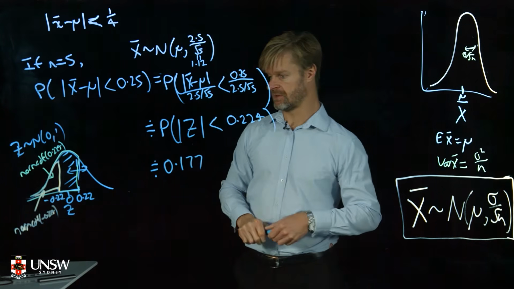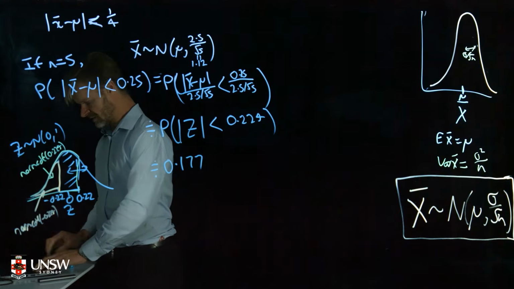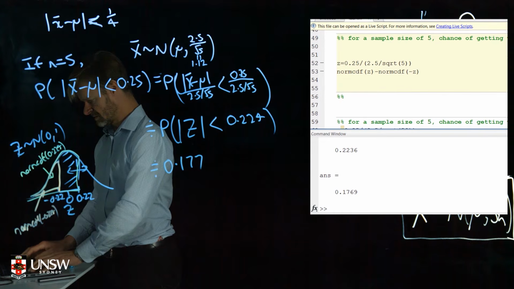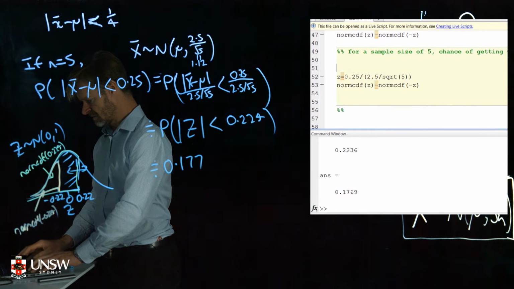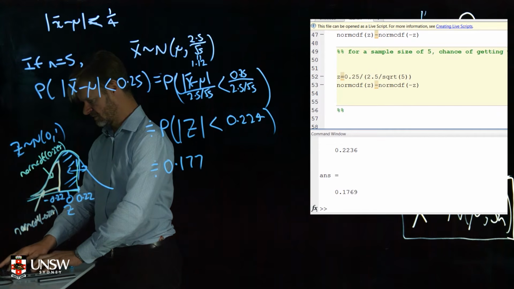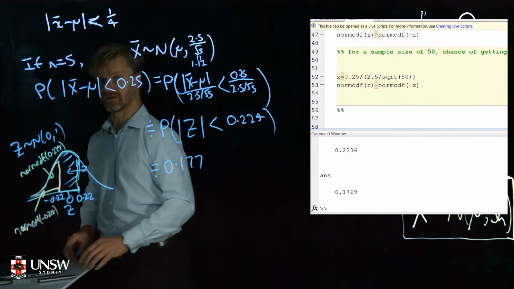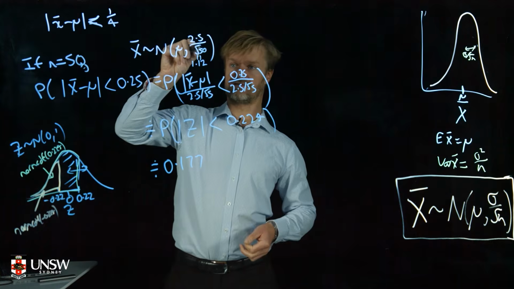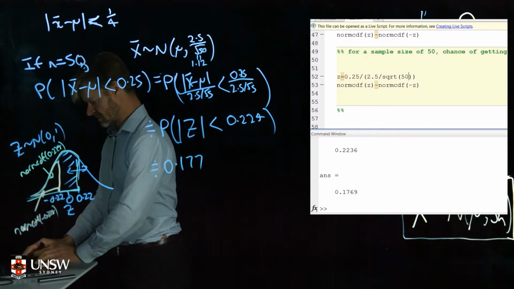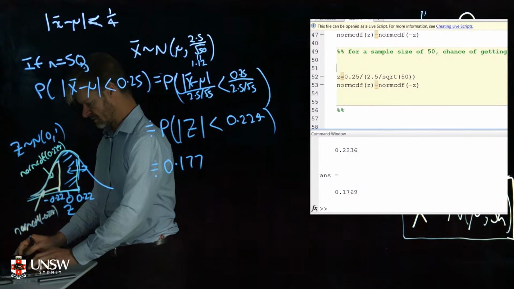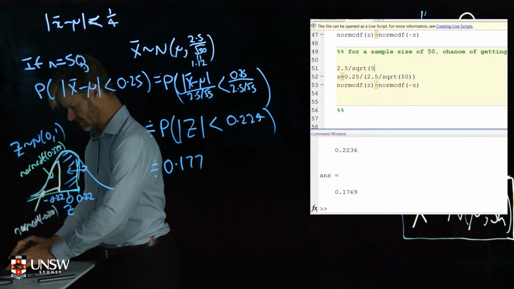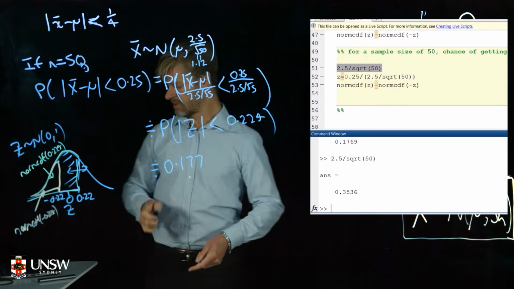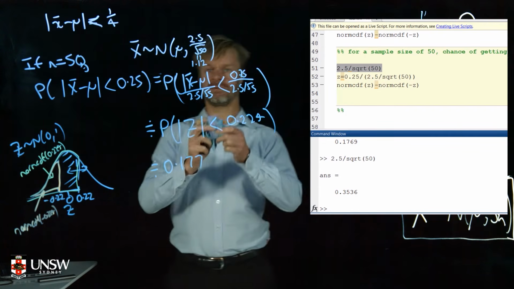All right, what if n equals 50? If n equals 50, I do all these same calculations with n equals 50. So, for n equals 50, square root of 50 is, 0.354.